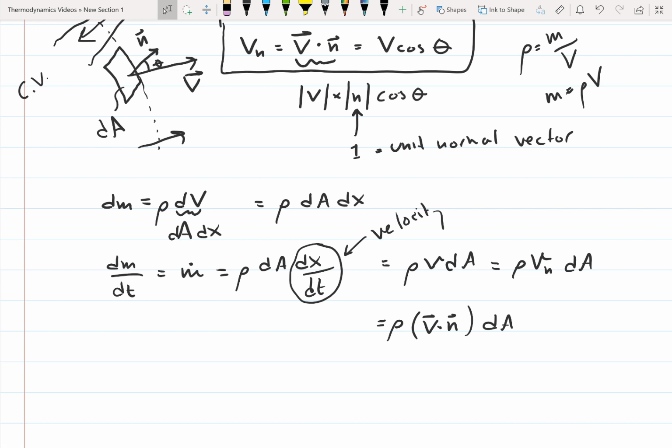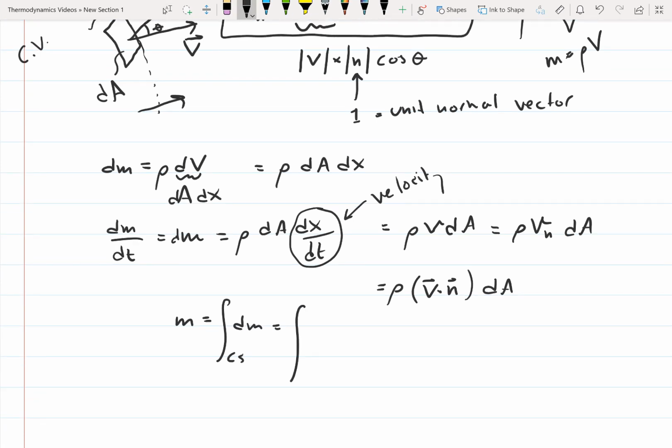To do that, we get that M, and this is dm here, the mass, is equal to, summed over the control surface, rho, the dot product between the velocity and the normal vector, dA.